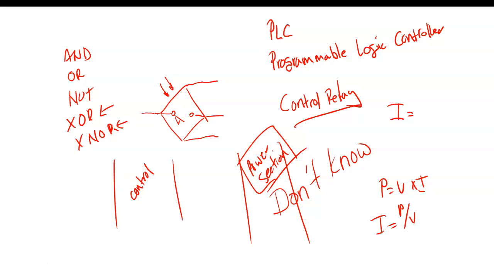So this is why control circuits are made up of the low voltage side. We call it the control side. Most controls have a low voltage control system and a high voltage power system.